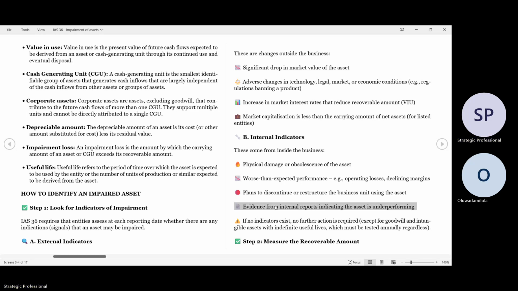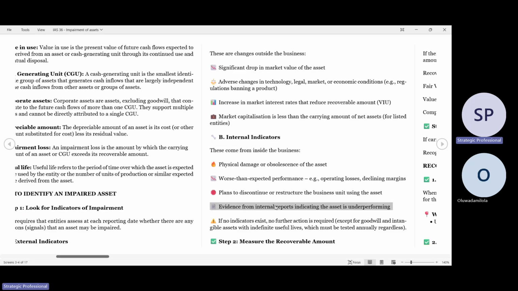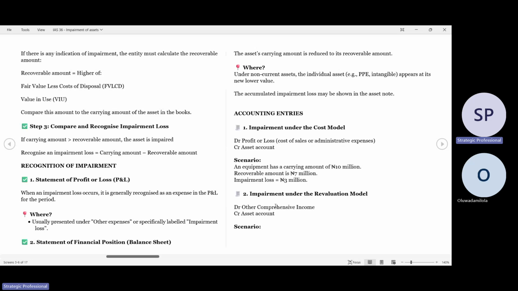Always test it. Then step two is to measure the recoverable amount. How do you measure the recoverable amount? Don't forget, recoverable amount is the higher of fair value less cost of disposal or value in use.